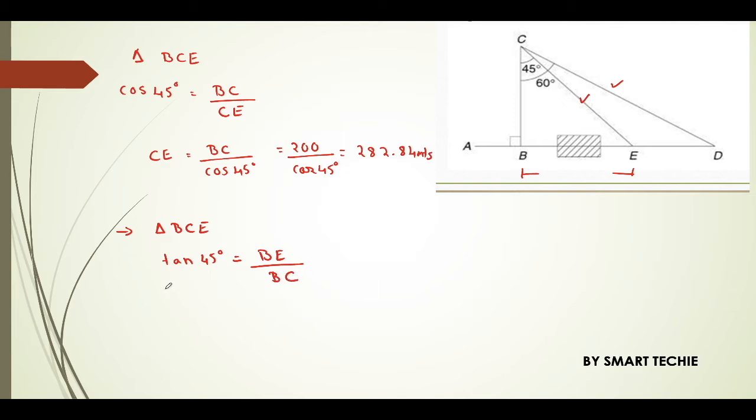When I substitute, BE is nothing but BC into tan 45 degrees, that is 200 into tan 45 degrees, so BE is 200 meters. This was very simple.